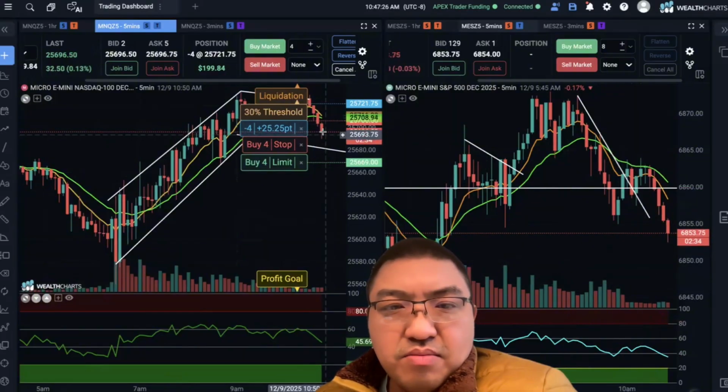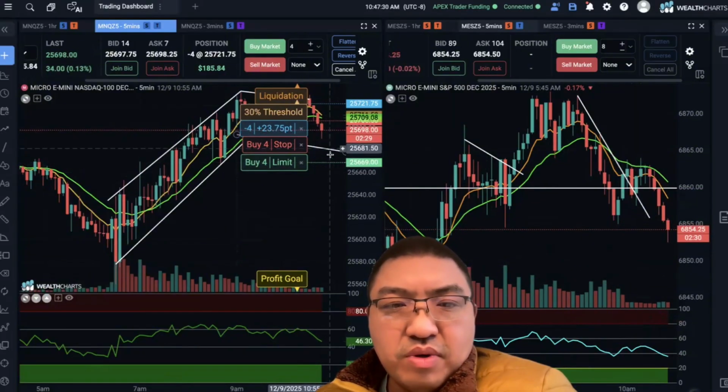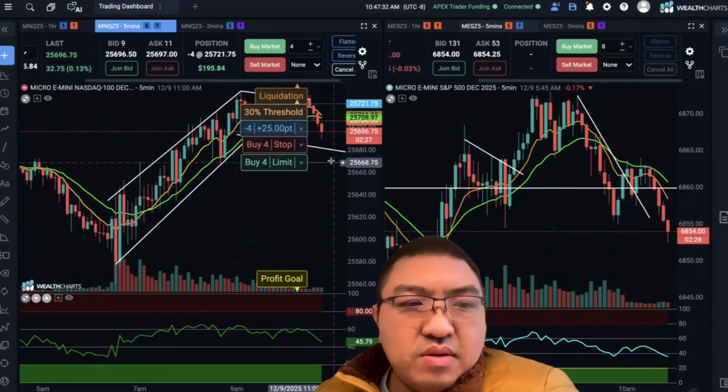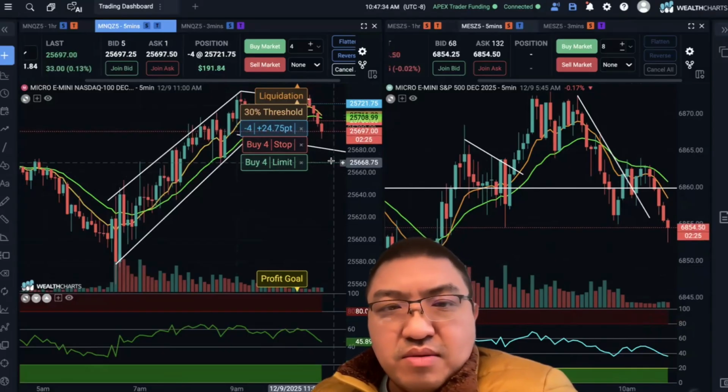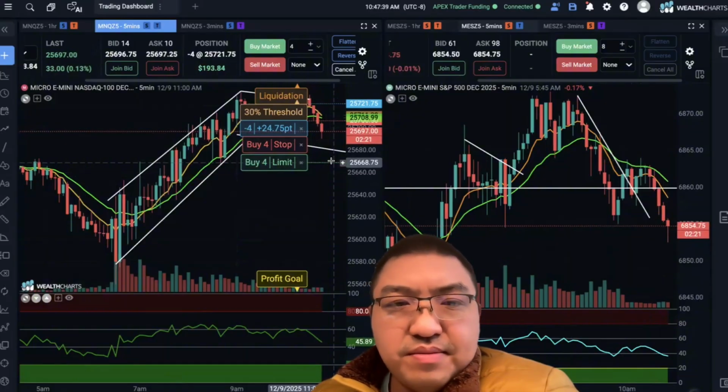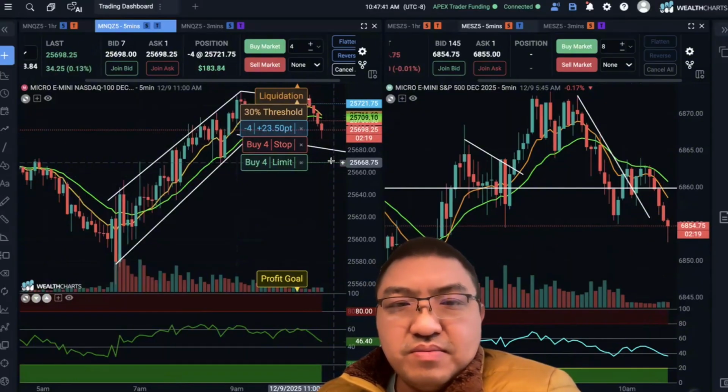Yeah, it's around the same range for ES somewhere, for NQ somewhere around here. It's a little bit aggressive, but based on this momentum, I trust it. Keep going, fighting.